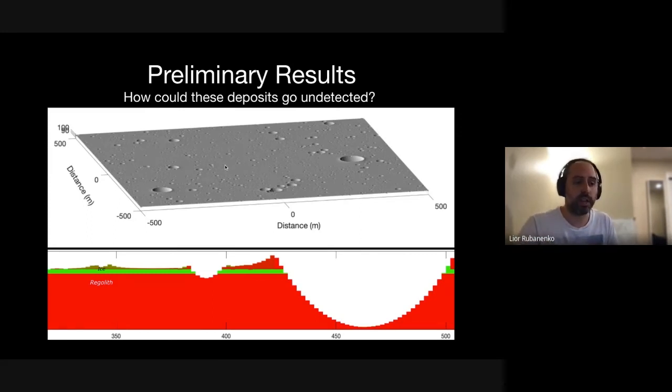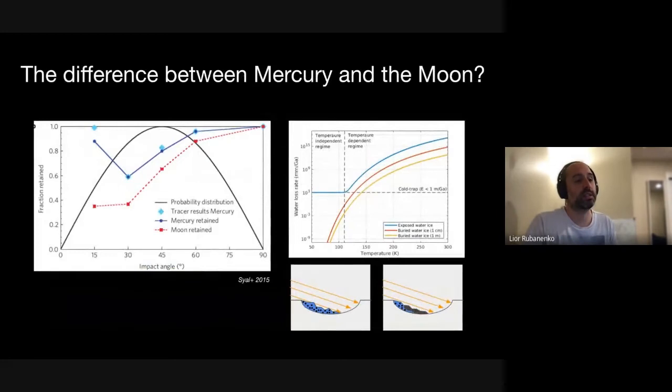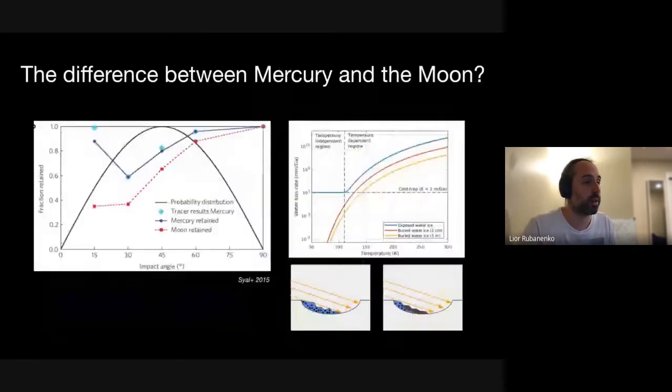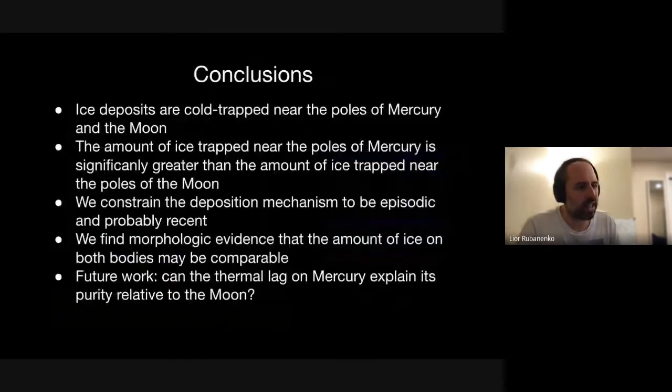It's a combination of a Monte Carlo simulation of crater formation and cratered surface formation, and a mixing gardening algorithm. What you see here, for example, the green layer is ice and the red is regolith. As this crater forms, it ejects ice from the subsurface onto the surface. Using this 3D mixing model that I'm showing here, we'll try to further investigate whether this explanation of ice that was once pure and got gardened with time is plausible or not. And again, I'm not really going to talk about that.